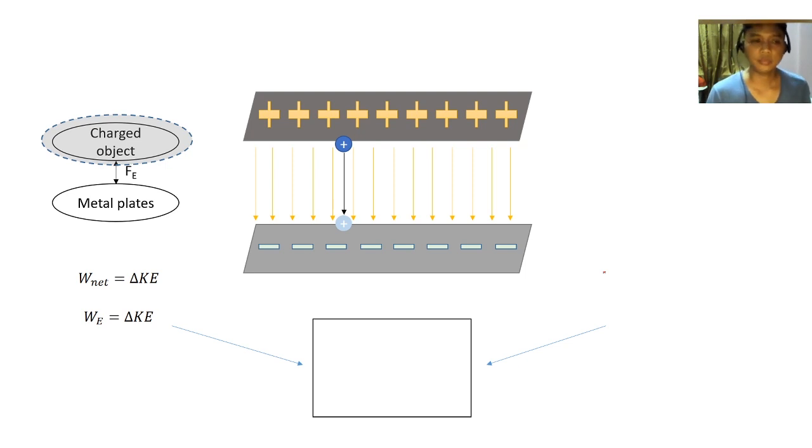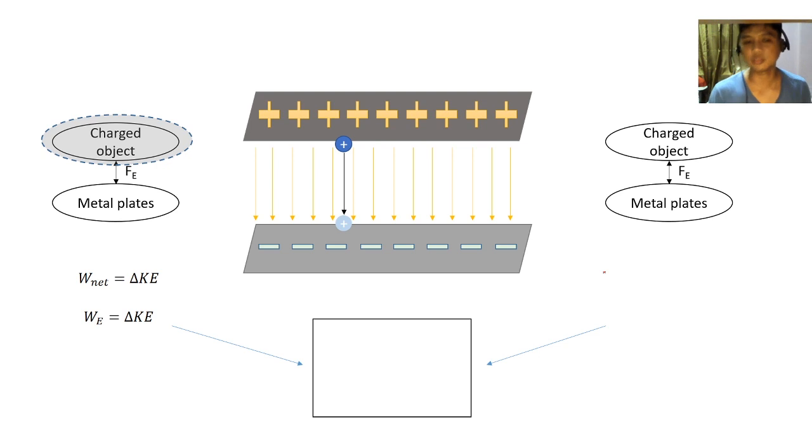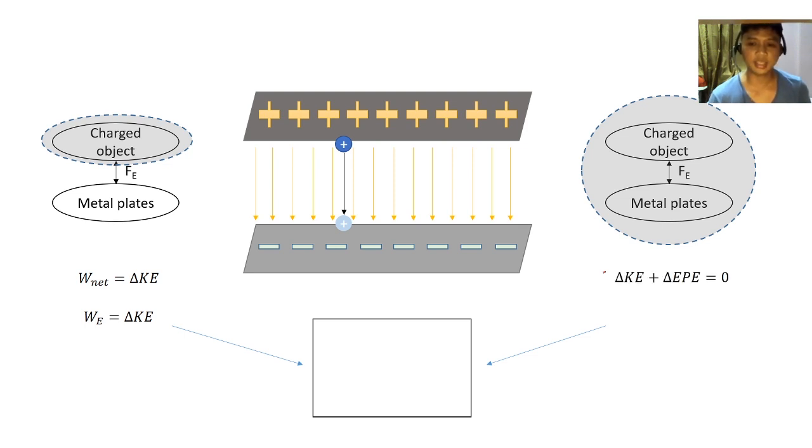What if we choose both the charged object and the metal plates to be our system? That means that we have no external forces, but we do have one internal force, and that is the electric force. And as I mentioned earlier, the electric force is a conservative force. Therefore, we can use the second formula. Delta KE, remember, plus delta EPE.